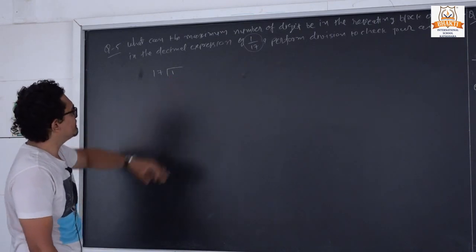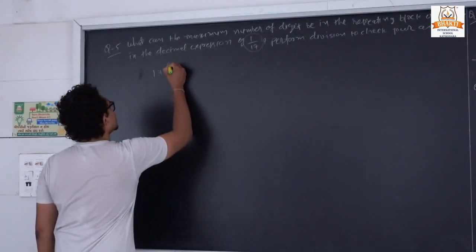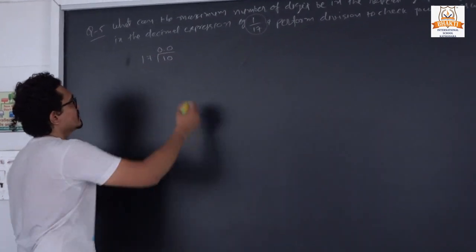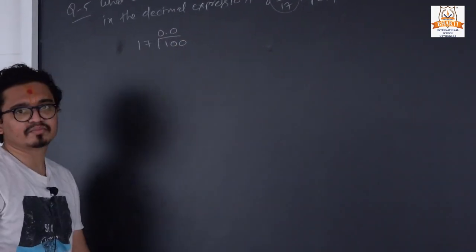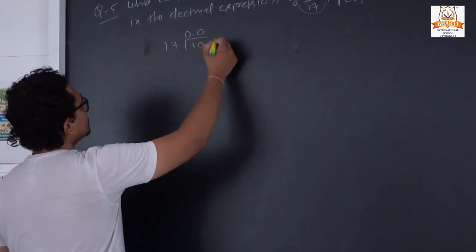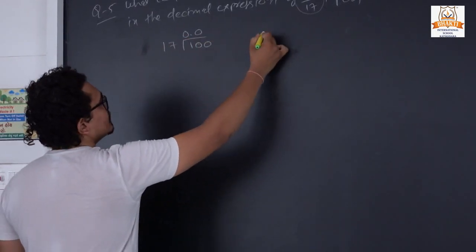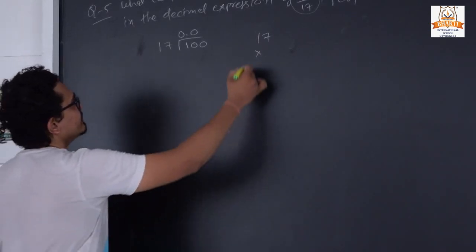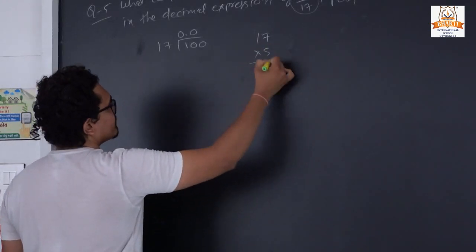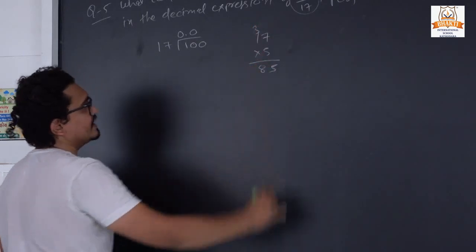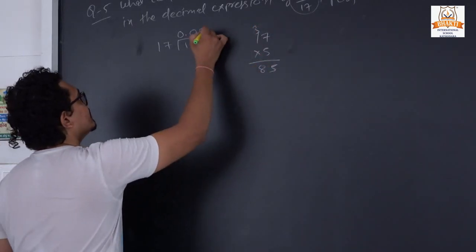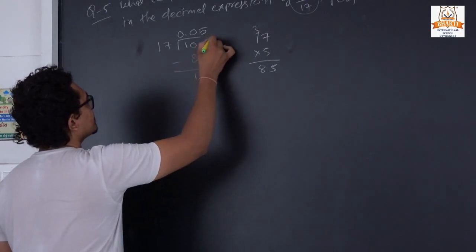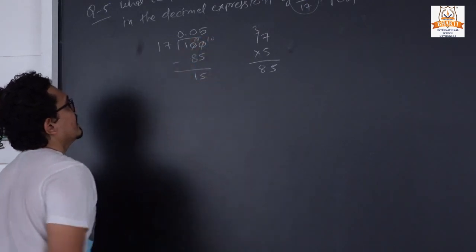So 17 divided into 1, here we have 1, so we start from 0. Once again we will put 0, so here it will be 100. Now 17 5s, 7 5s are 35, so it will be 85. So here we write 85, and we have the remainder 15.